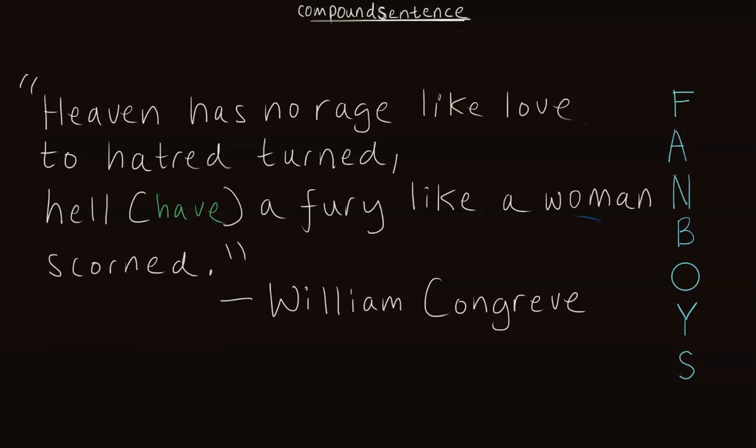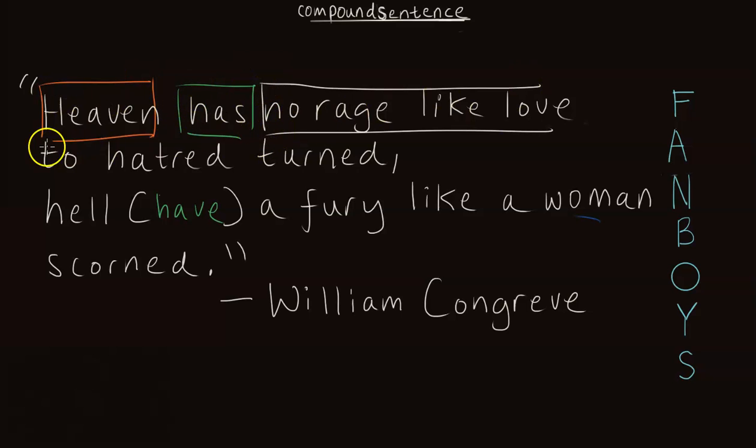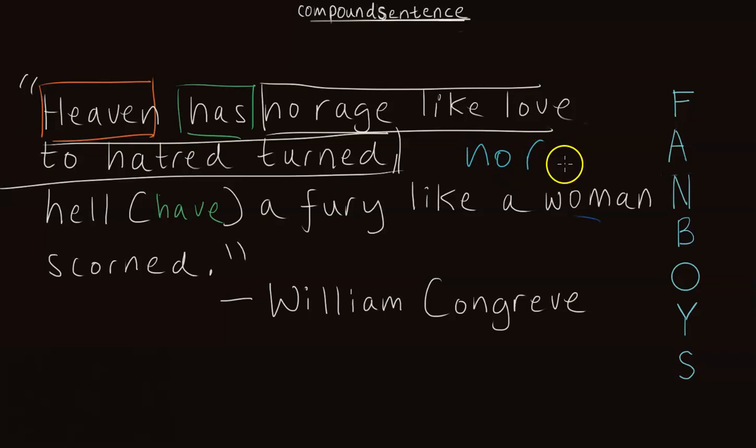Heaven. I love this one. Heaven has no rage like love to hatred turned. Okay, so this is Old English, so it's a bit more difficult to deconstruct. But heaven, subject, has, verb, no rage like love to hatred turned, object. Conjunction, nor.